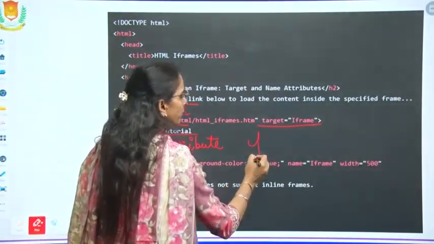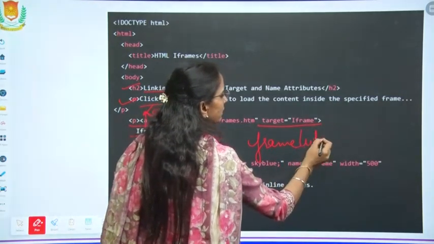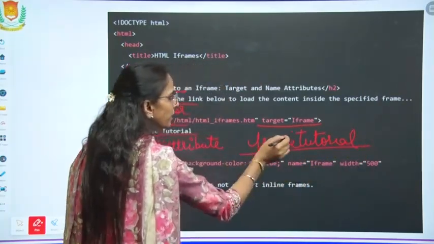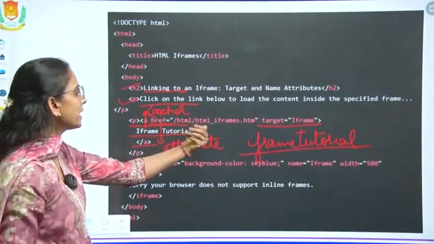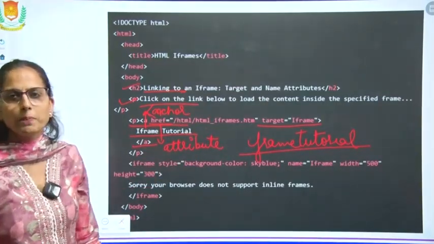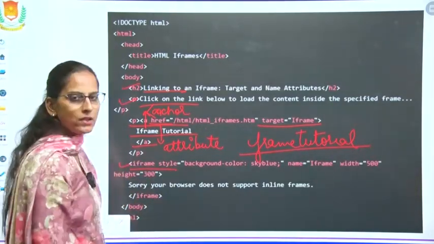This iframe tutorial will be displayed as hypertext. By clicking on this particular text, you will be taken to this file which is given there with the hyperreference. Then after that we have to specify the iframe.